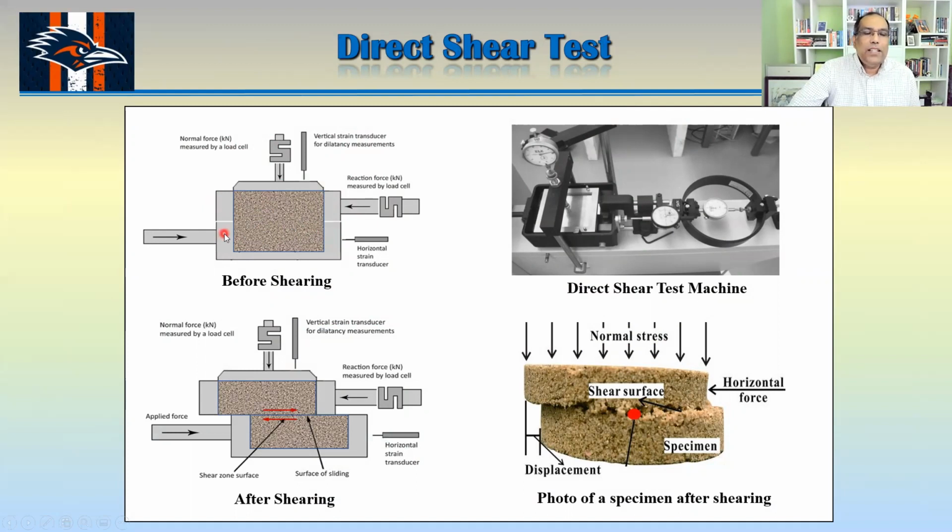The screw is just to make sure that this part doesn't move when I fill the soil here. So I fill the soil here, and then I put the normal loading on top. This is a vertical strain transducer to measure how much this moves when I apply shear, and you also have a horizontal strain transducer to measure how much this one moves.